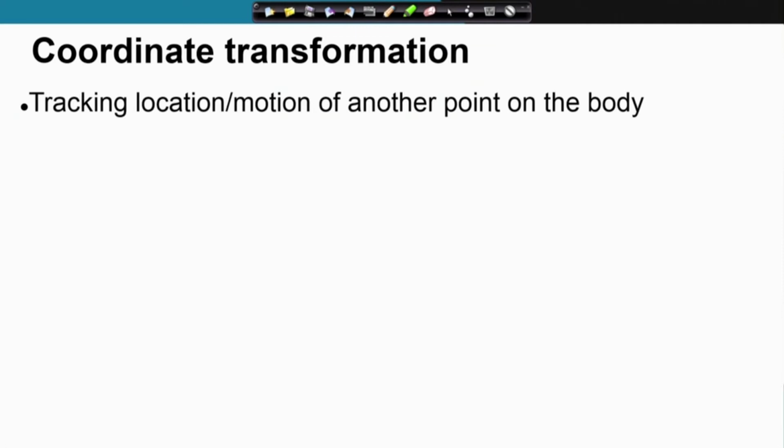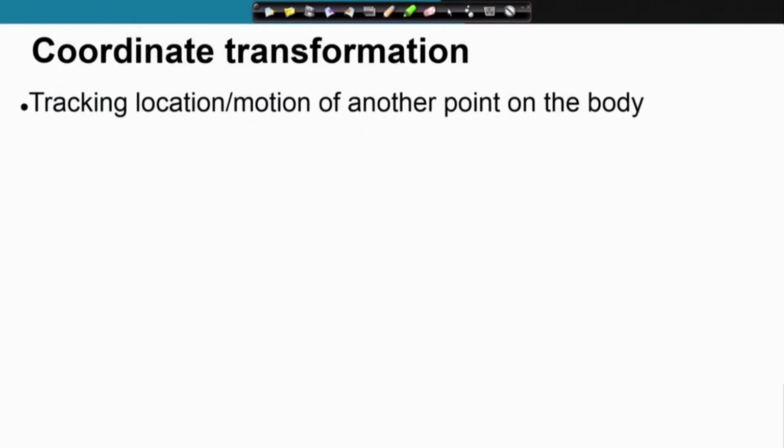Now, I need to track the location or motion of a point on a body which is in motion, maybe on the plane or in space. If I have a body which is moving in space, and there is something else which is also moving with respect to that body, I would like to find out the coordinates of that point in my earth fixed frame.